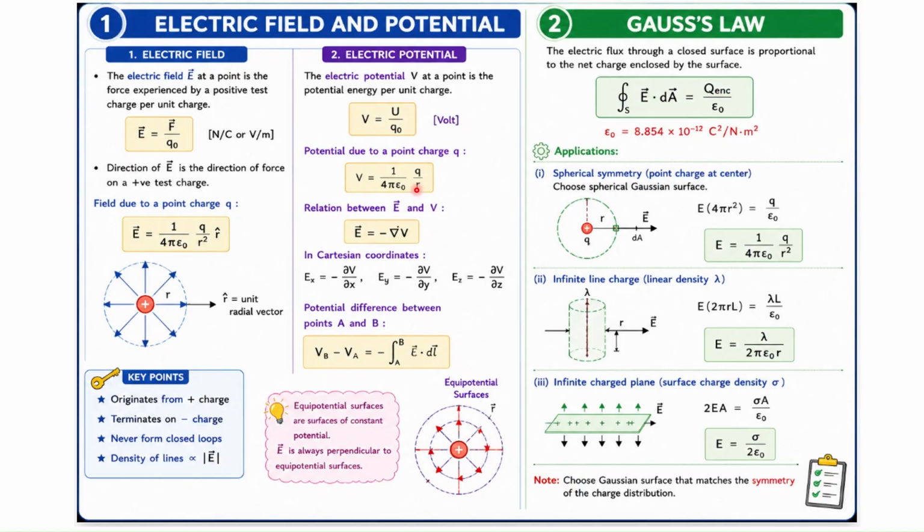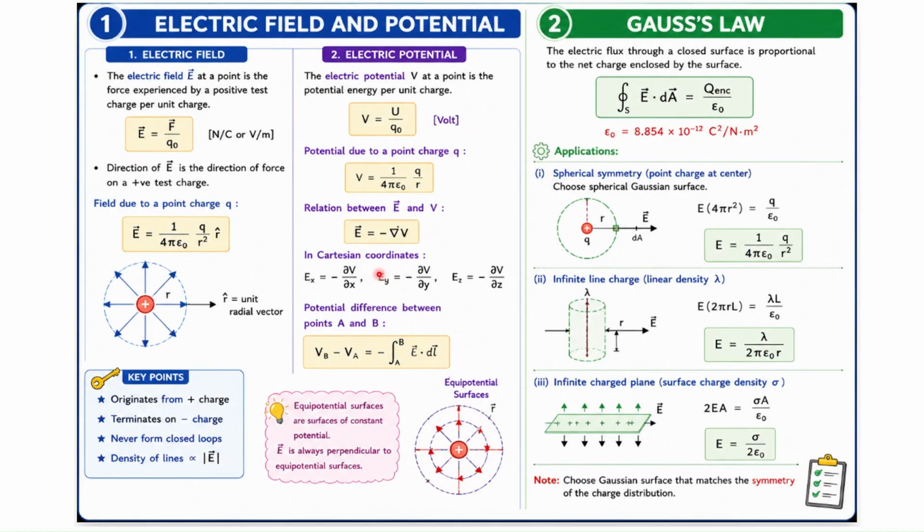In standard 3D Cartesian coordinates, this can be broken down into spatial derivatives: Ex equals minus dV/dx, Ey equals minus dV/dy, Ez equals minus dV/dz.